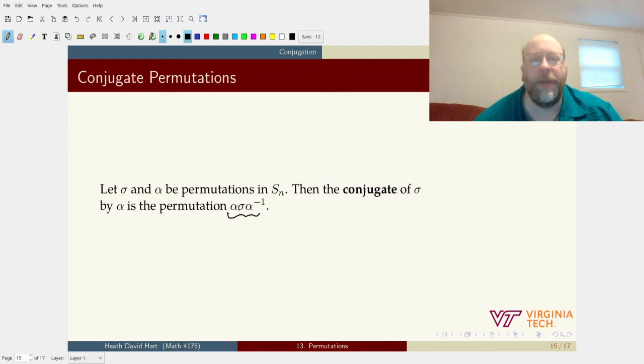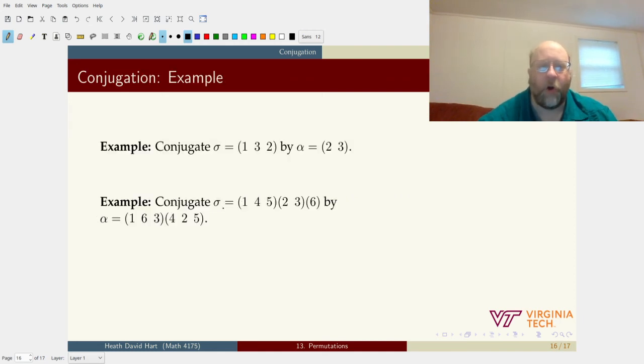So alpha is doing some kind of conversion into another algebra or another vector space or another kind of system. We're doing the permutation sigma in that system, and then we convert everything back into the standard system. So that's what the alpha and the alpha inverse are doing: we are looking at the effect that sigma has in an alternate system.